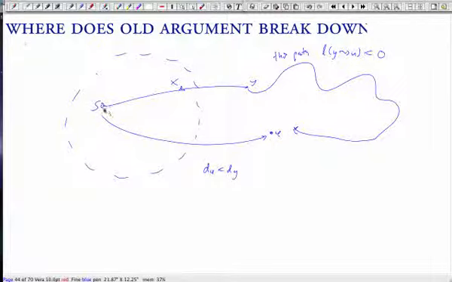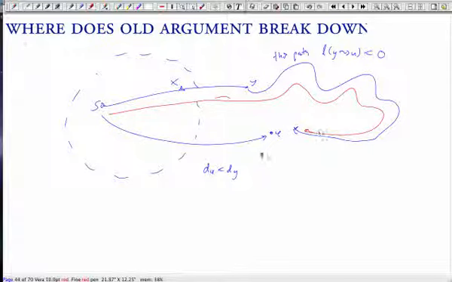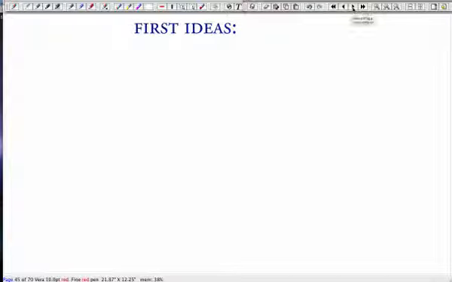The shortest path from S to U might actually involve taking this treacherous path instead of directly going there. That's another consequence of this triangle inequality.